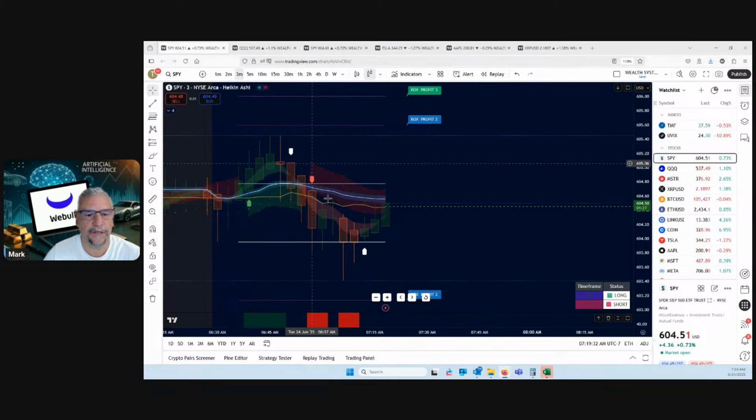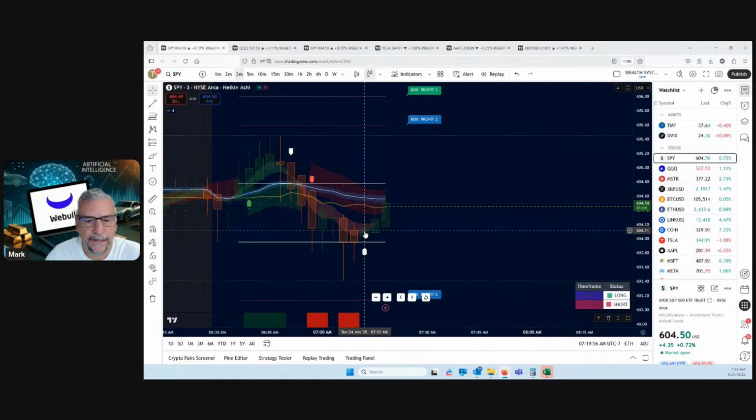So we got a little bit of choppiness here, but we can see a white dot with the red signal. So from this point here, trade would have been from here down to at least the bottom, the opening low, down to even this point. If you were to be able to close that out, that'd have been a nice trade there.